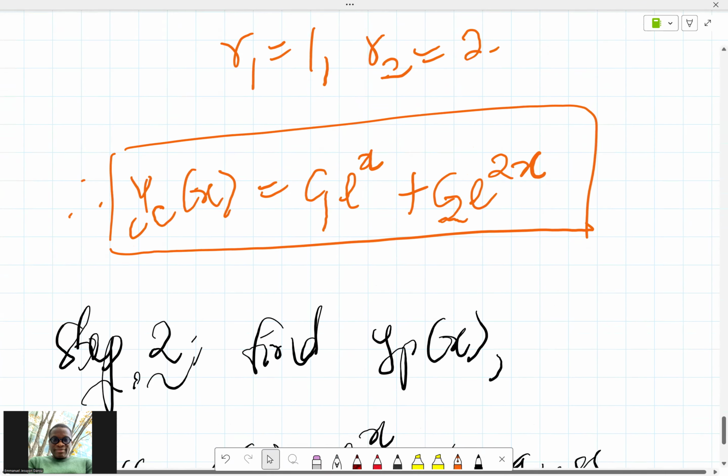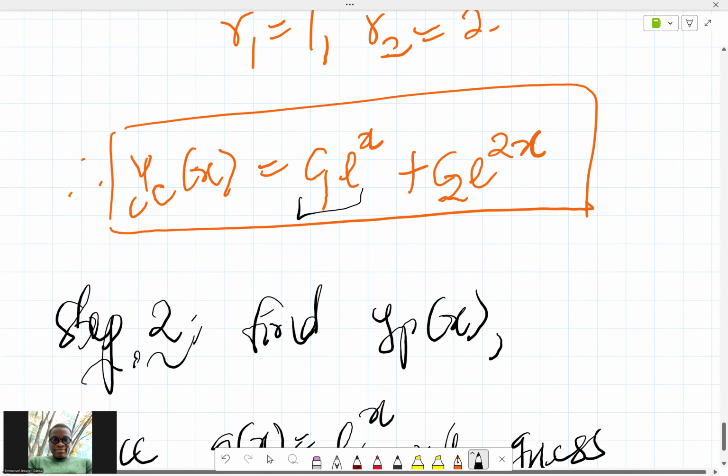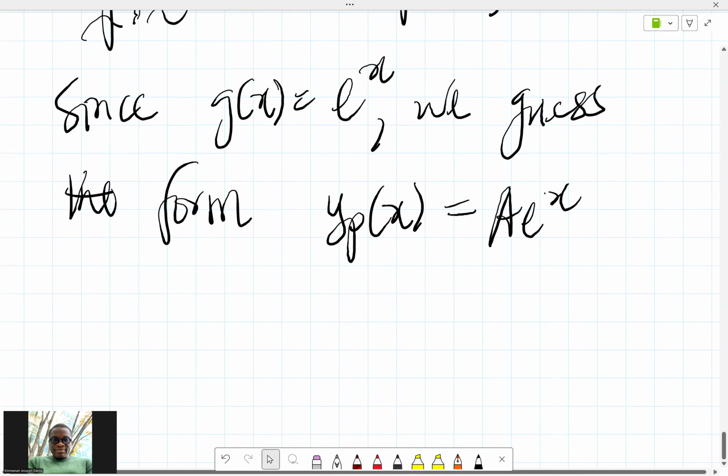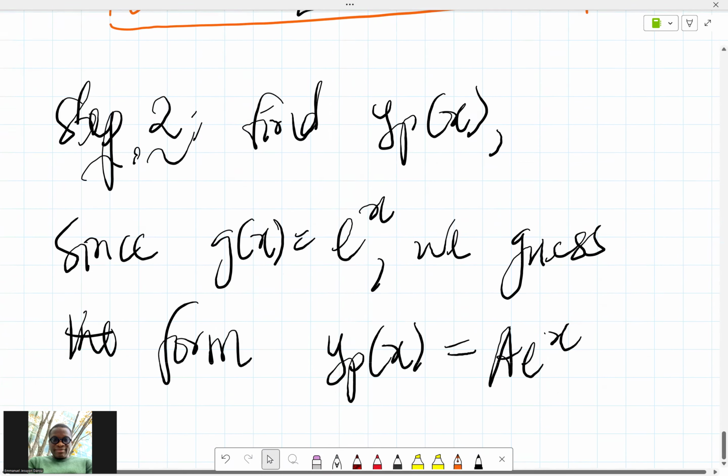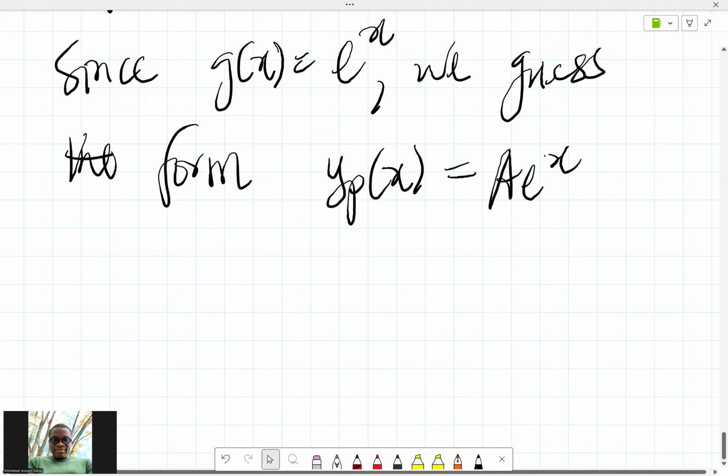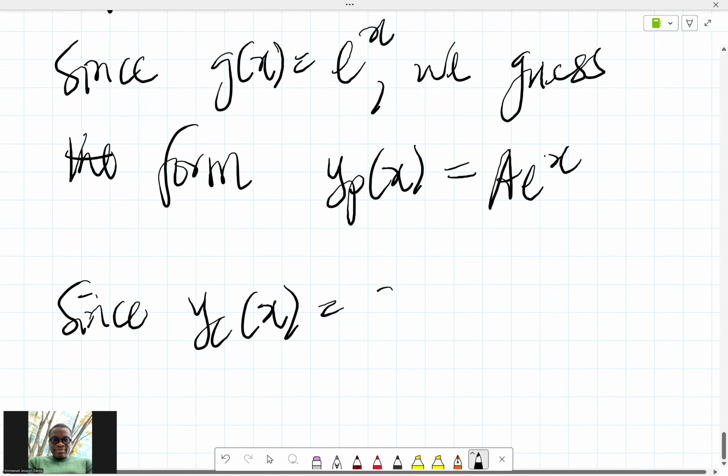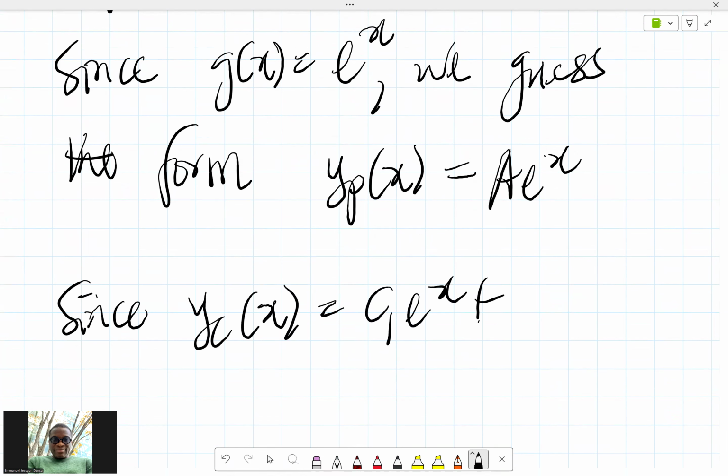But guess what? There's already a term that has e raised power x, and since C1 is a constant and A is also a constant, that is going to be an issue. Since yc of x is already C1 e raised power x plus C2 e raised power 2x, the particular solution now has a term that looks like what we already have there.